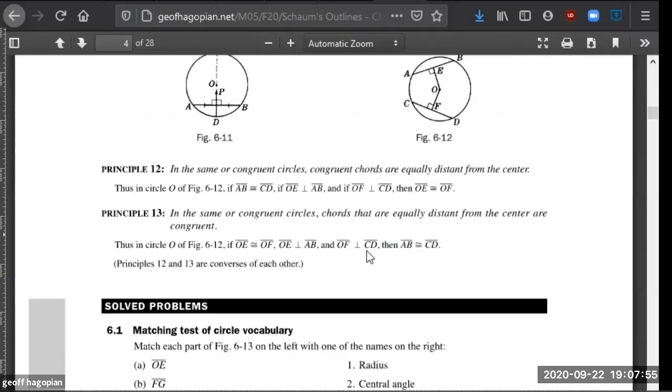Principle 13, or 12, sorry. Don't mean to skip any. Congruent chords are equal, yeah, right, so we just did that one. In the same or congruent circles, chords that are equally distant from the center are congruent.